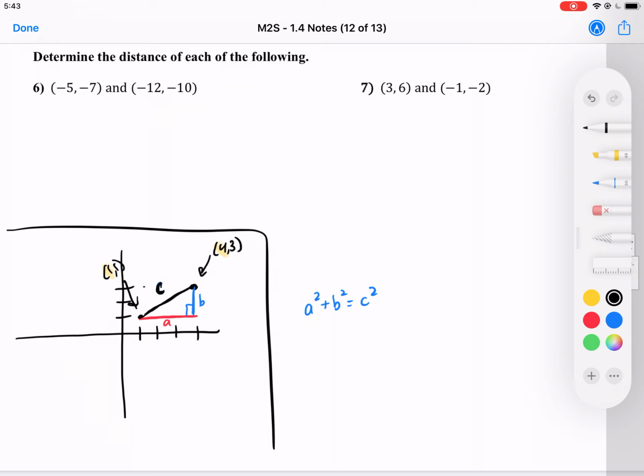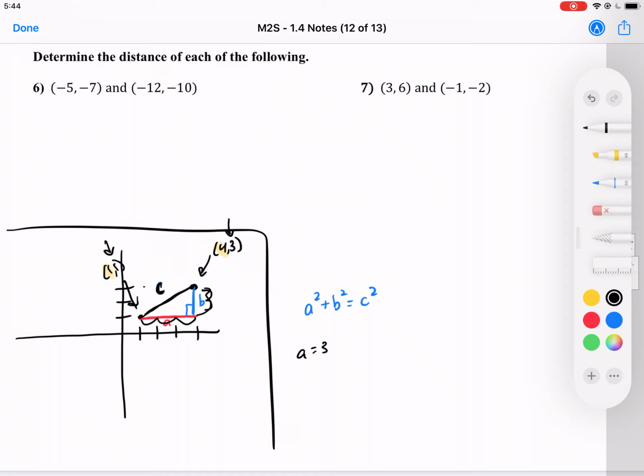You can do that just by counting 1, 2, 3 right there. So our a would be 3. You could also do that just by subtracting 4 minus 1, right? And then the b is your height. We can find our height by just counting, so 1, 2 units, or you can take that 3, subtract the 1 from it, and you get a distance of 2 as well.